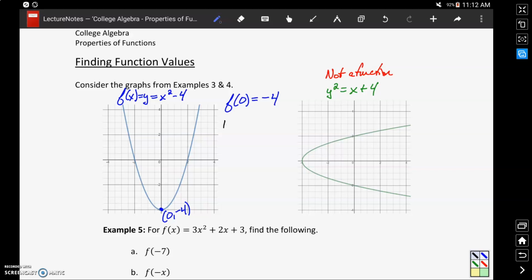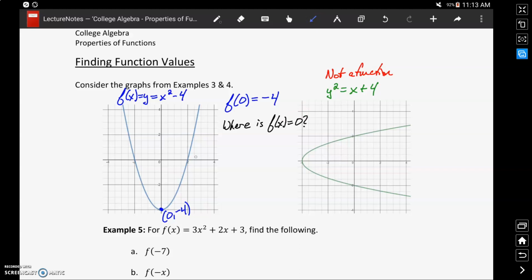We could also look at that type of question in sort of a backwards manner. We could ask, where is f of x equal to 0? This means there are potentially points where our function value is equal to 0. We want to find the x values that would yield that.